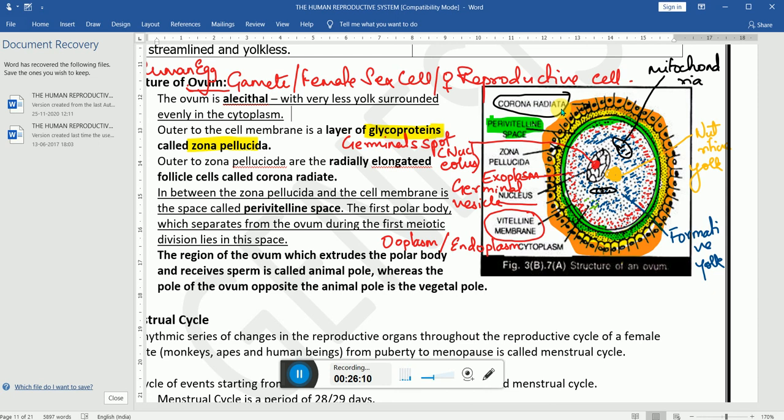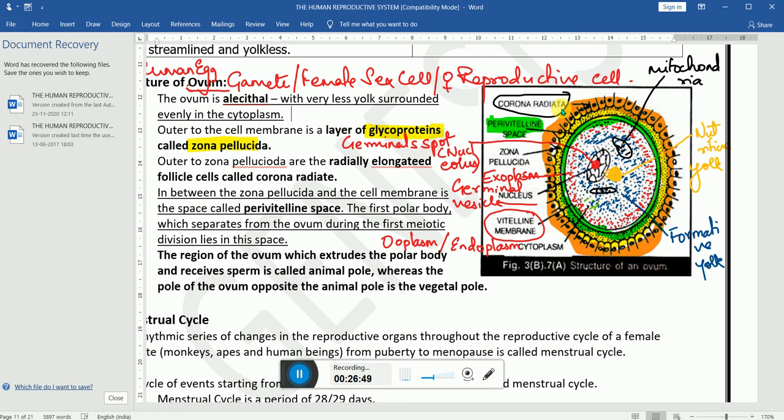Corona radiata and zona pellucida are all barriers. If the sperm is able to make its way through them, it should find it easy to quickly enter through the perivitelline membrane and fuse with the nucleus, and that's why the nucleus is present at one end. This end is called the animal pole, and the opposite side is called the vegetal pole.